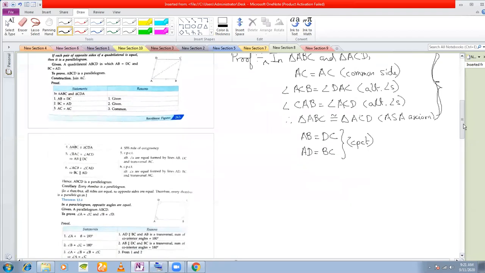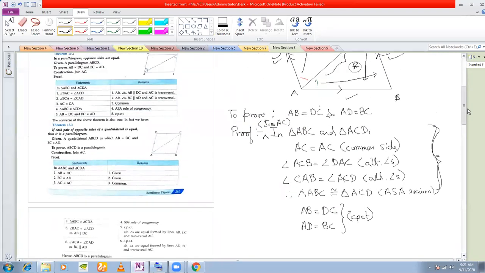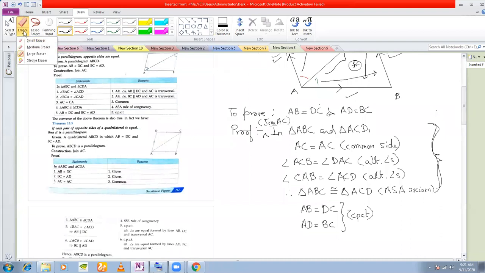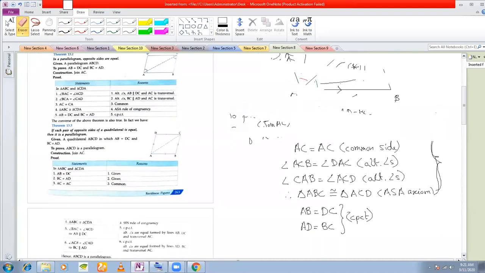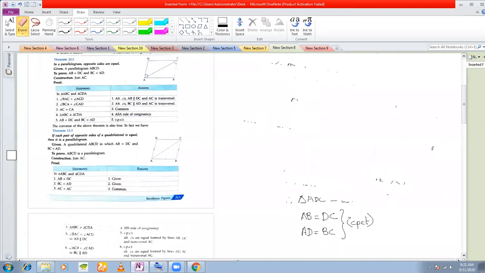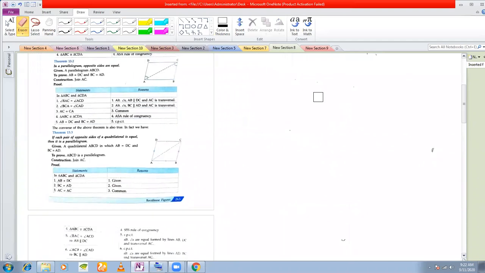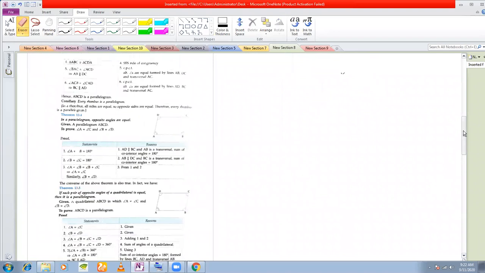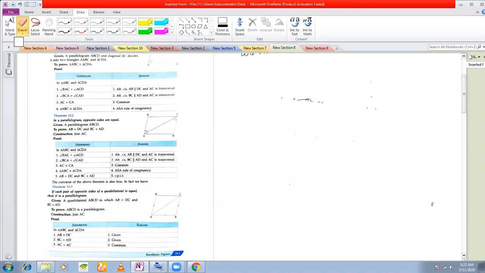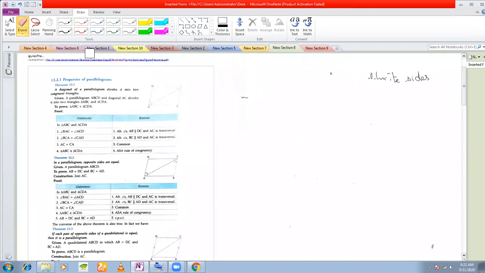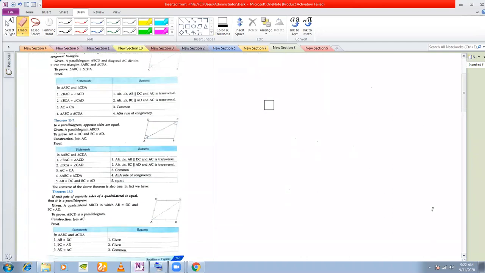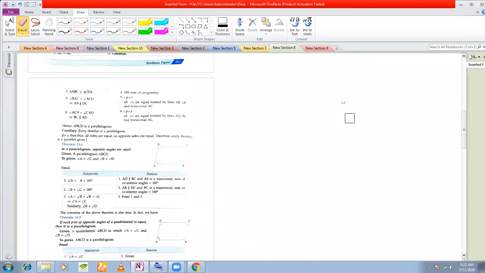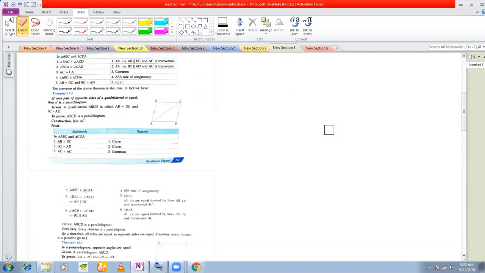This time, just write the proof here. Let's write the theorem.